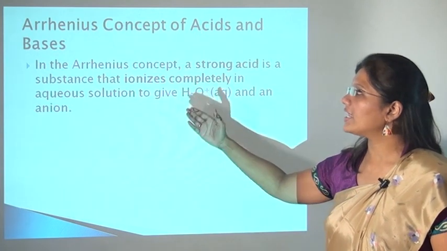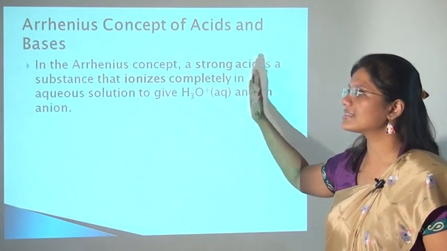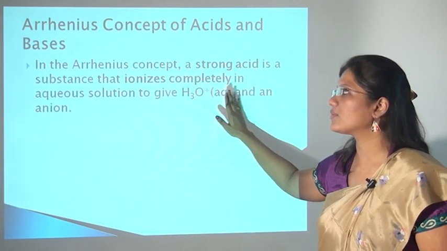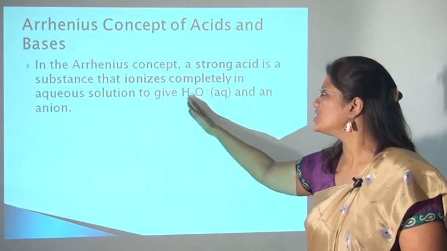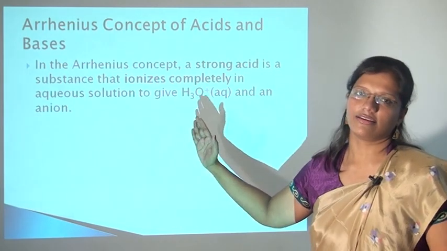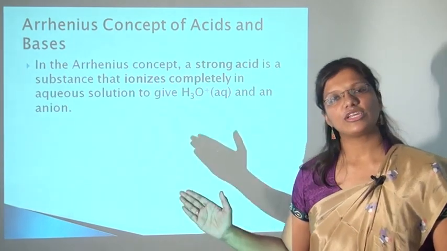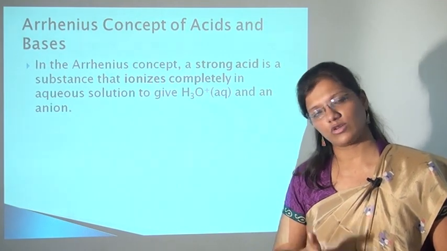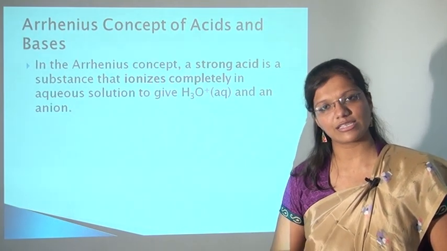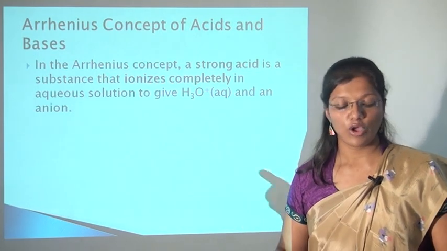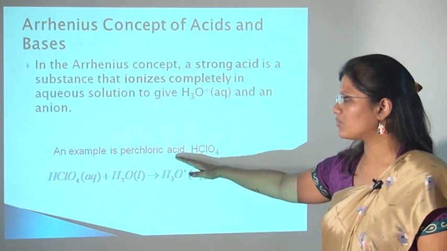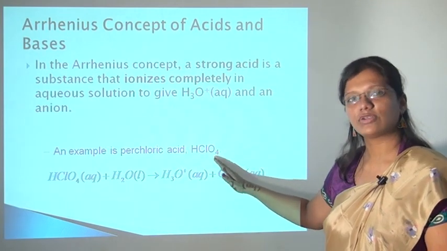In the Arrhenius concept, a strong acid is a substance that ionizes completely in aqueous solution to give H3O+ and an anion. The definitions of strong acid, strong base, weak acid, weak base, conjugate acid and non-conjugate acid are given here in the same way. An example is perchloric acid, HClO4.